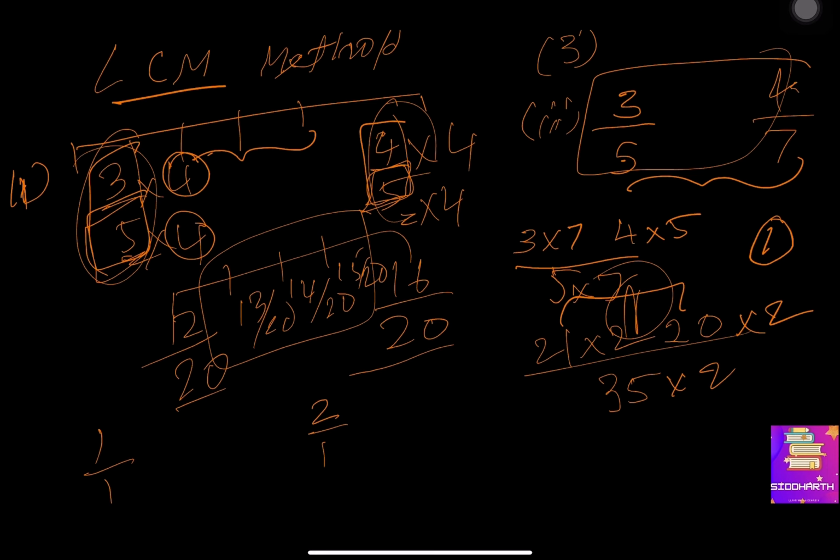Similarly, we are asked to find 5 numbers, so let's multiply by 6. Let me erase the background so it will be convenient. So 1 by 1 and 2 by 1 multiplied by 6, you'll get 6 and 12.